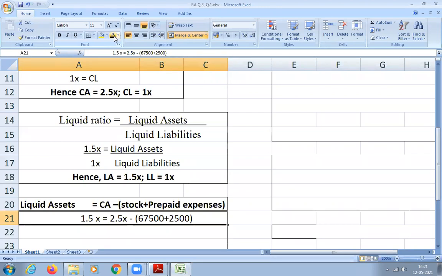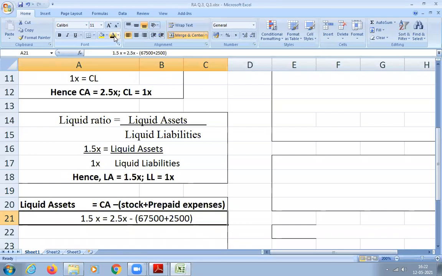Bring the minus 67,500 plus 2,500 to the left hand side and 1.5x to the right hand side. When you add 67,500 plus 2,500, how much will you get? 70,000. Okay. Next.